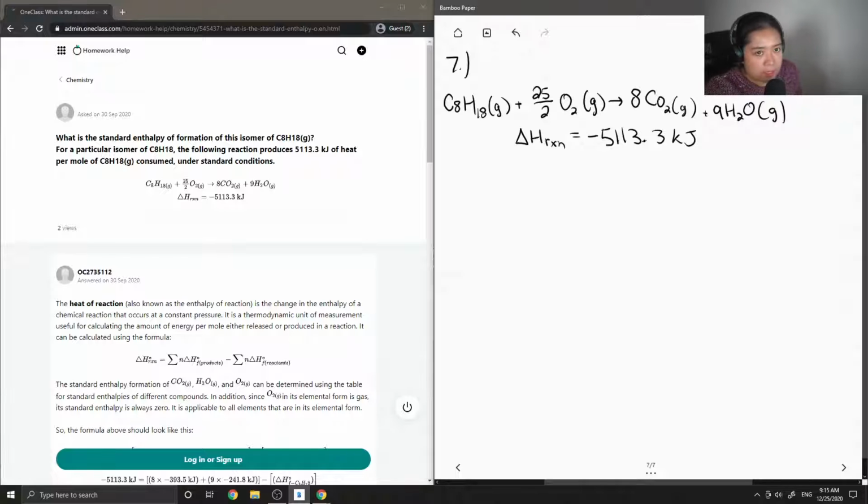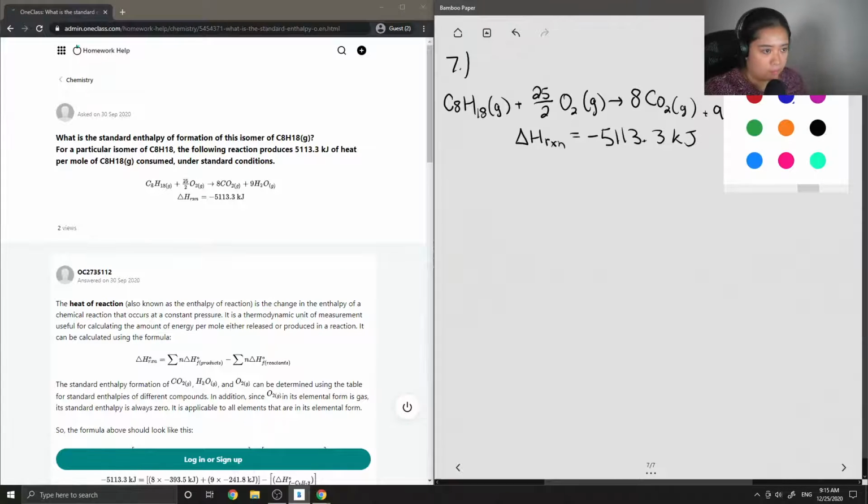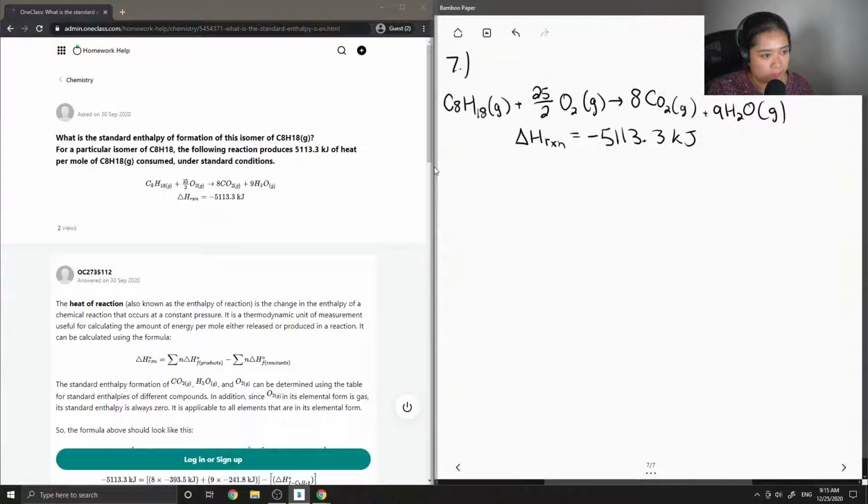Okay, so to answer this question, I'll first write down the expression for the delta H of reaction.